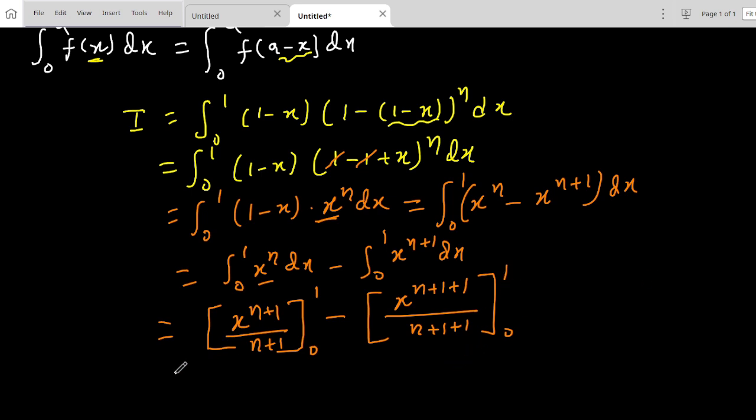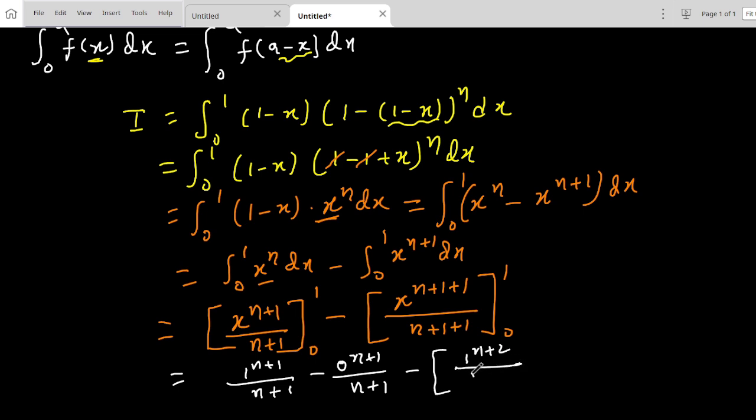By substituting the lower and upper limits, we are getting 1 to the power n plus 1 divided by n plus 1 minus 0 to the power n plus 1 divided by n plus 1, minus of 1 to the power n plus 2 divided by n plus 2 minus 0 to the power n plus 2 divided by n plus 2.